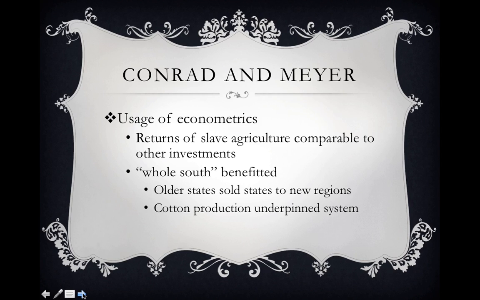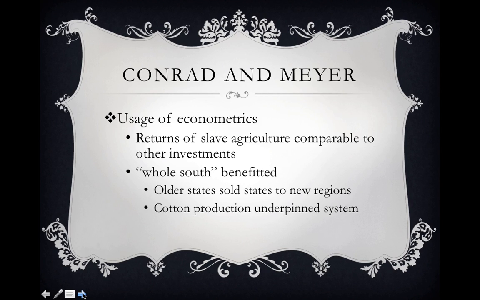All right. Even the Old South versus the New South. And the Old South, I'm talking, for example, like Virginia, that region there, that the old states actually benefited because what they saw was a net export of slaves from the Old South to the New South.